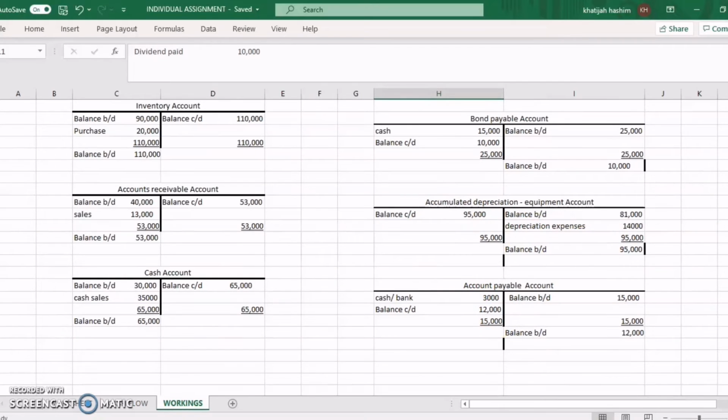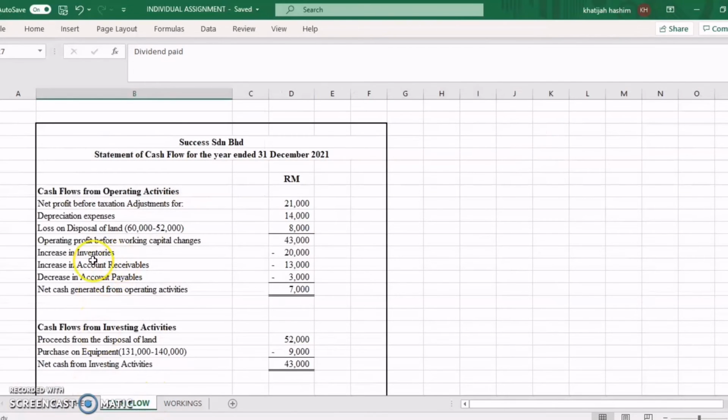Then the loss on disposal of land we got from the additional information, 60,000 minus 52,000, so we got 8,000. So now we have operating profit before working capital changes of 43,000.